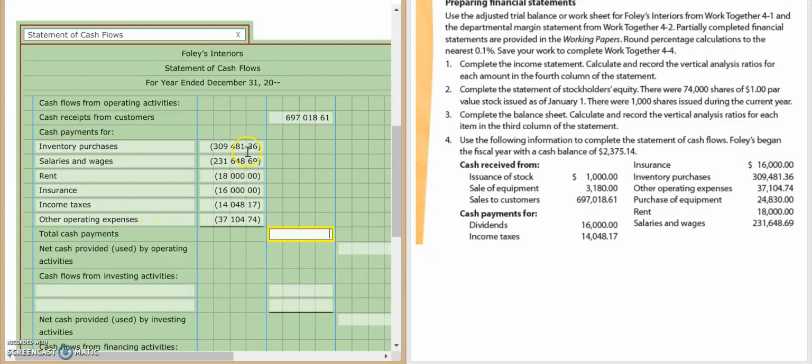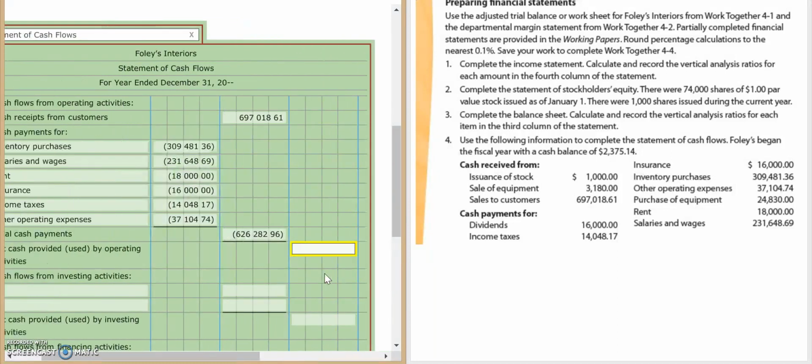So what we need to do is total up all of our cash payments. We take each one of those, total those up, and we end up with, again, a negative outgoing number of $626,282.96.